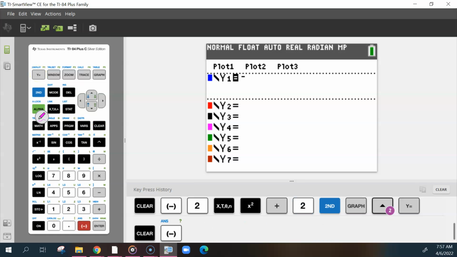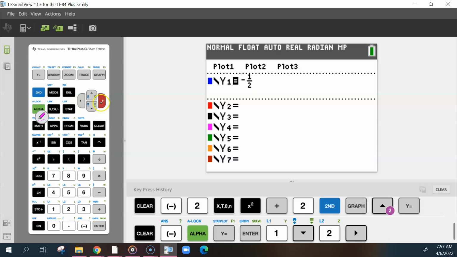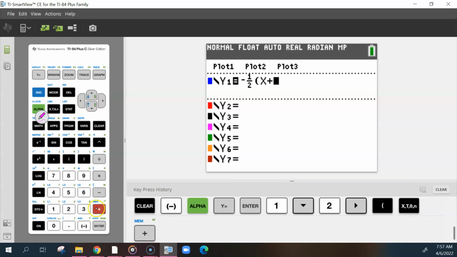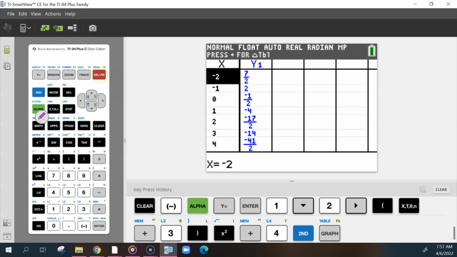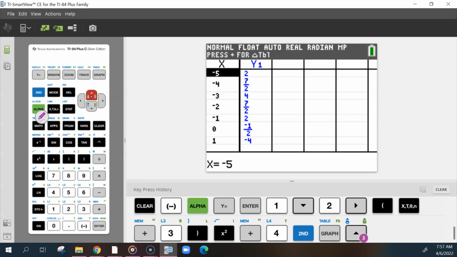Negative 1/2 times X plus 3 squared plus 4. Okay. Because it is 1/2, a lot of these are going to be fractions. You can ignore those points and just look for your whole numbers.